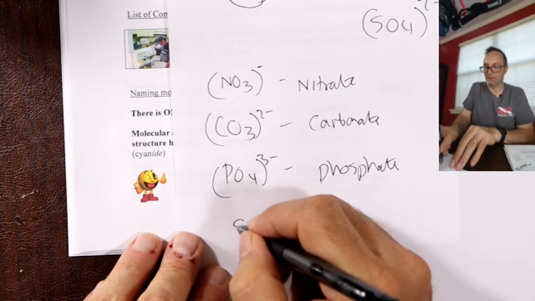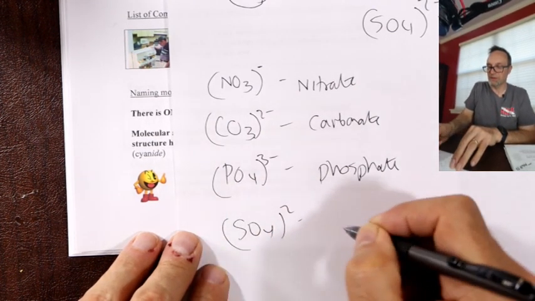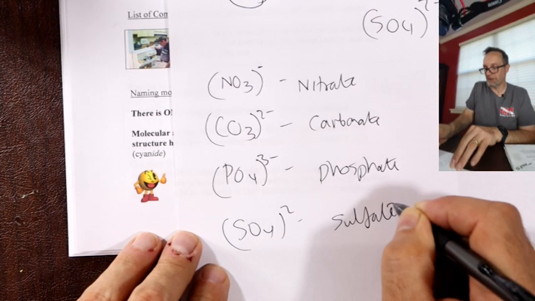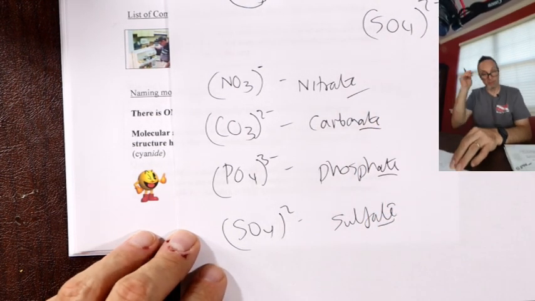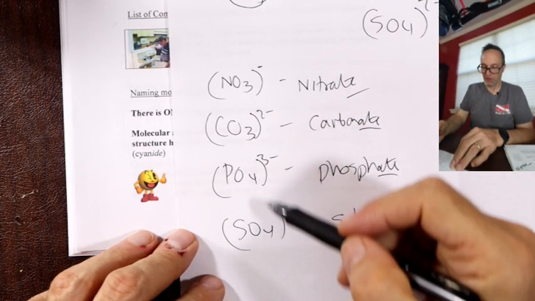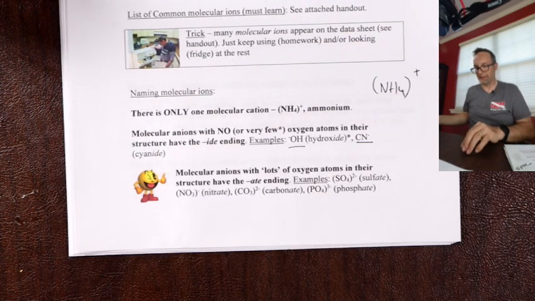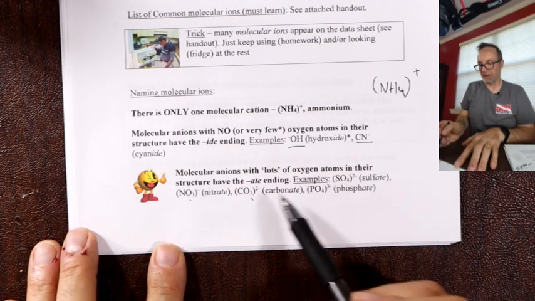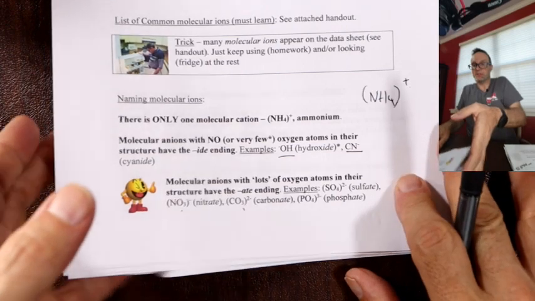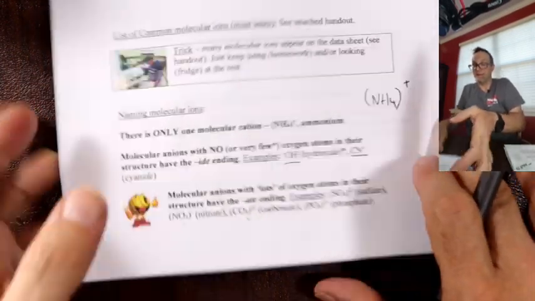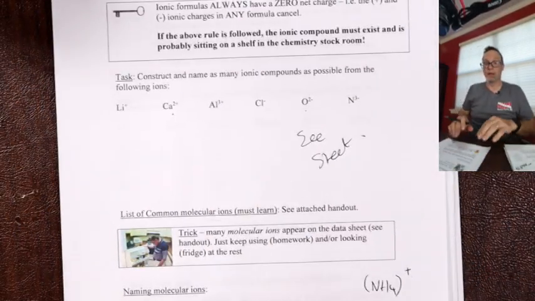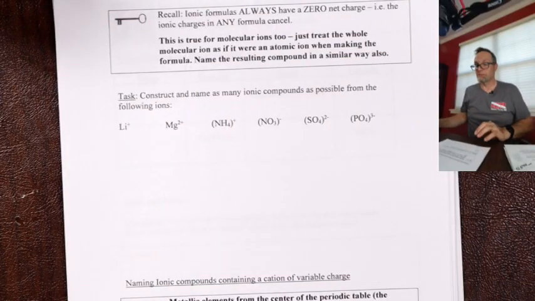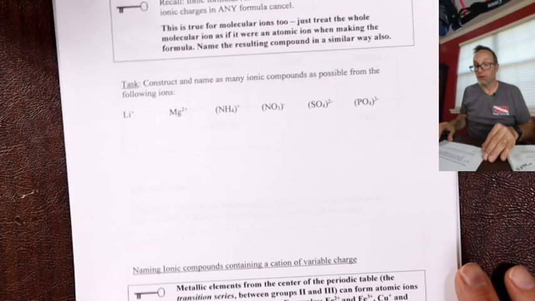And the one we just did, sulfur 8 oxygen, sulfate. These are the most common larger molecular ions, very common in lab. So sulfate, nitrate, carbonate, phosphate. And as I mentioned, the math works exactly the same as for atomic ions. You add ions of different charges, they add up to 0, and you are good to go.